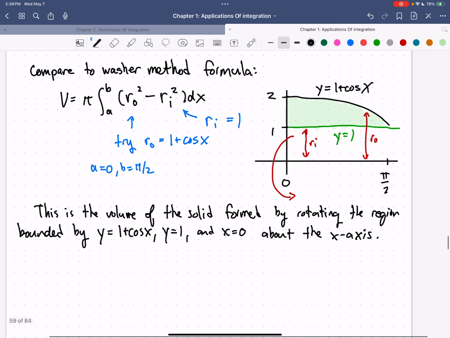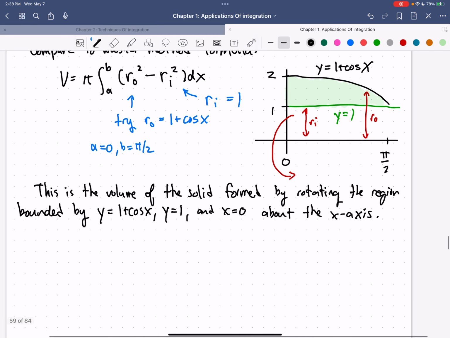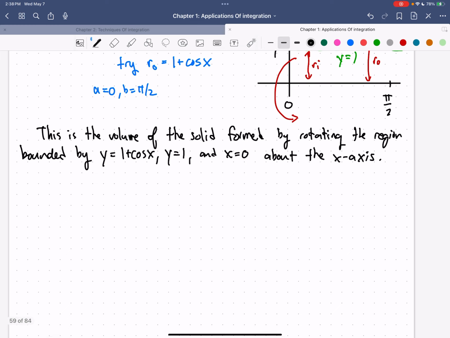Now I said that there are infinitely many solutions because you can choose to maybe rotate about a different axis. So you could also say that we're maybe just taking the graph of y is equal to cos x and rotating that about the axis y is equal to -1.